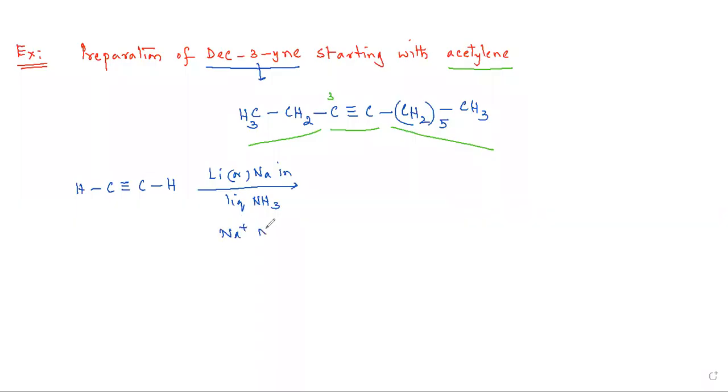Of course, the regular sodium amide. Do this. It will go here. So this is how we get monosodium acetylide.